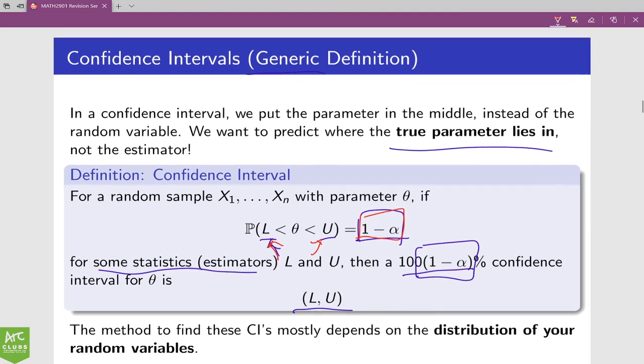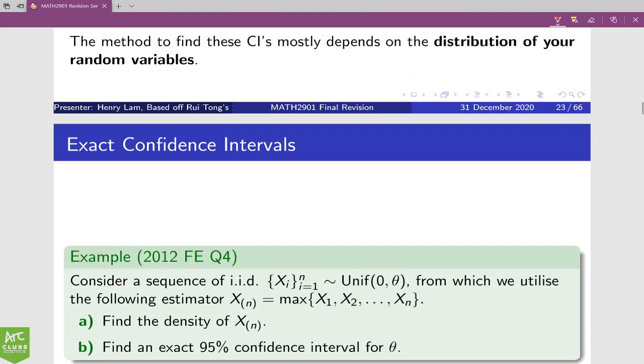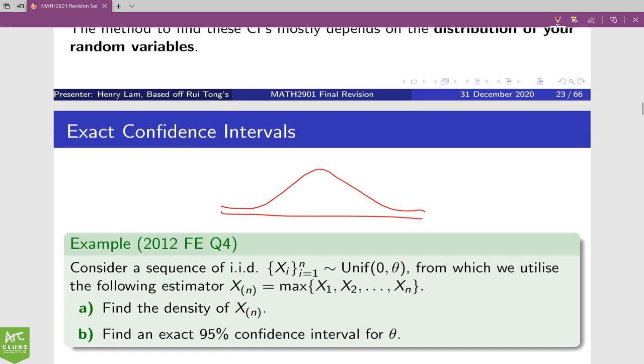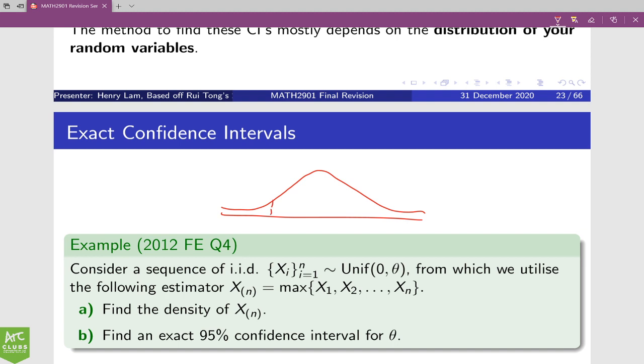So if you imagine, for example, normality, you could technically just go this way. So this is 5% for a 95% confidence interval. Or you could do the one that you're more used to: 2.5% and 2.5%.